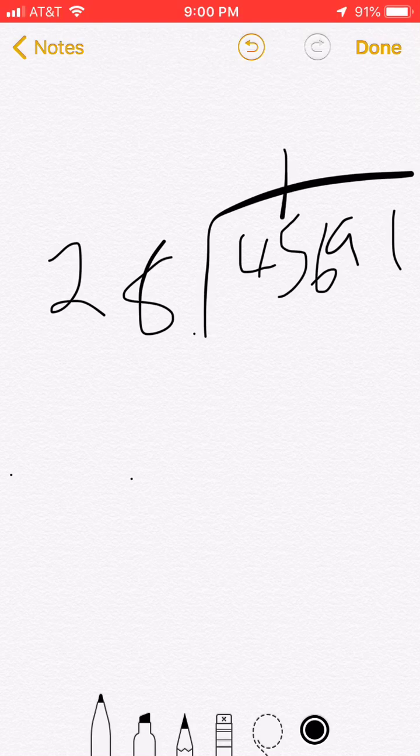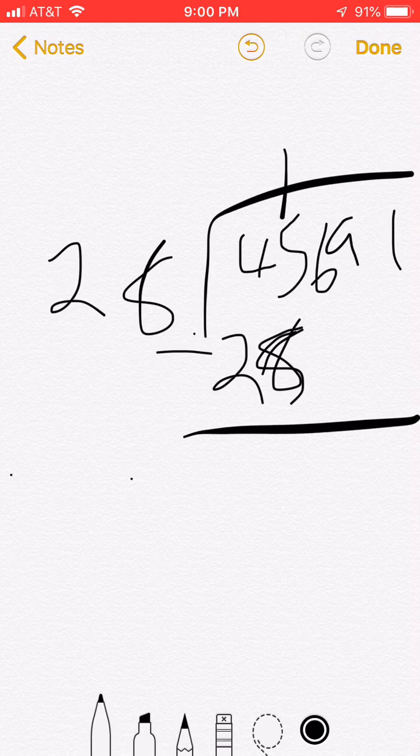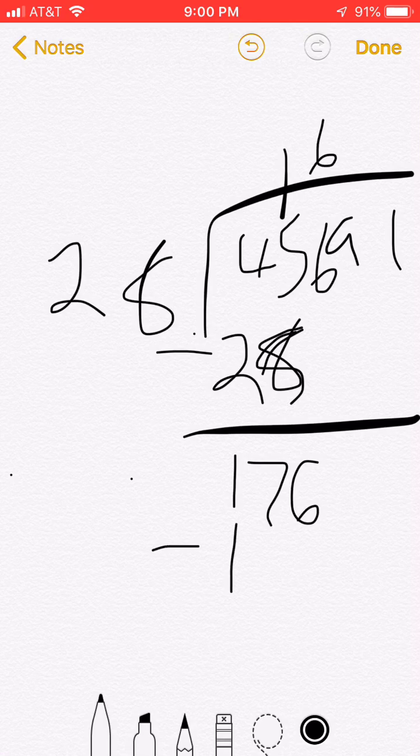So 28 goes into 45 once. So we do 45 minus 28. Sorry about my 28, it got messed up. So 45 minus 28 is 17. Carry over the 6. And then it goes into it 6 times. So 28 times 6 equals 168. So we do 176 minus 168 to get 8.